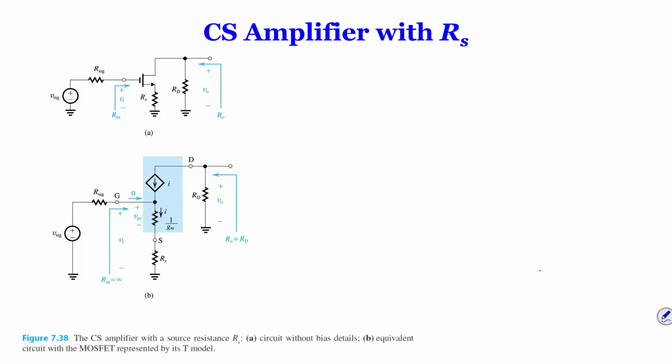But of course, the important thing is that we want to find the input resistance and output resistance as well, not just the gain. So from now on, you're going to do that. Let's look at the circuit over here. That's your MOSFET, so we're going to take the MOSFET out and draw the equivalent circuit.